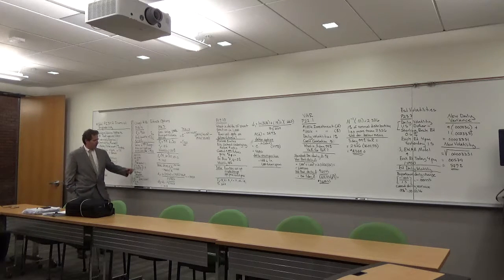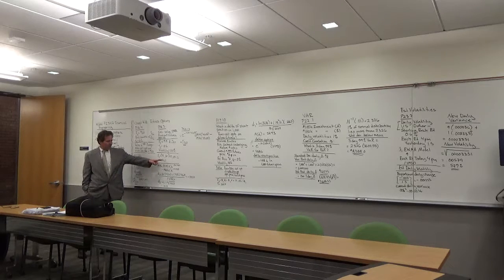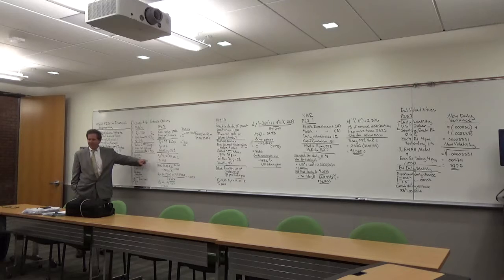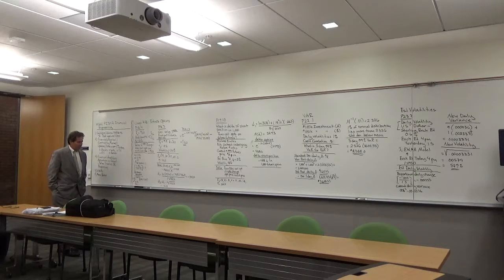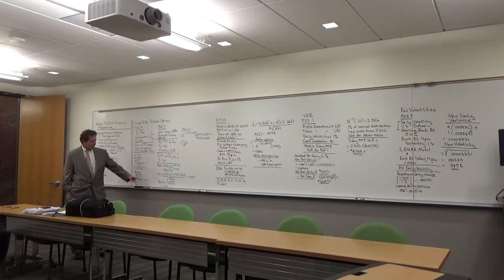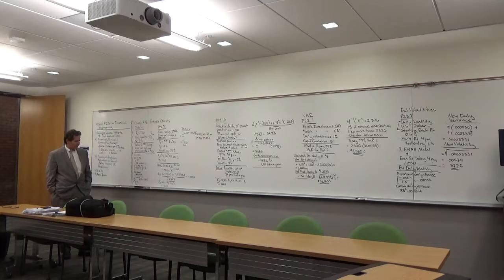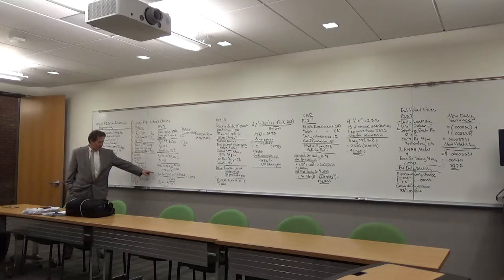So you have your futures price, you have the exercise price, you have the volatility, and you have the time period. You use the Black-Scholes model to be able to come up with D1 and D2.